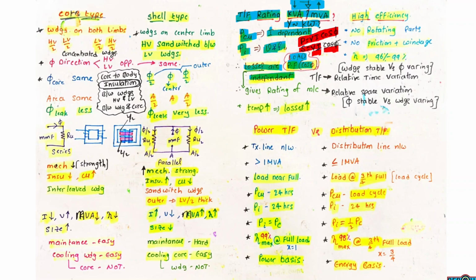If we take these values only, then it is VA. So as the transformer is independent of load power factor, the rating of transformer can be taken as apparent power S equals V into I. So the transformer rating is in MVA or KVA or simply VA.